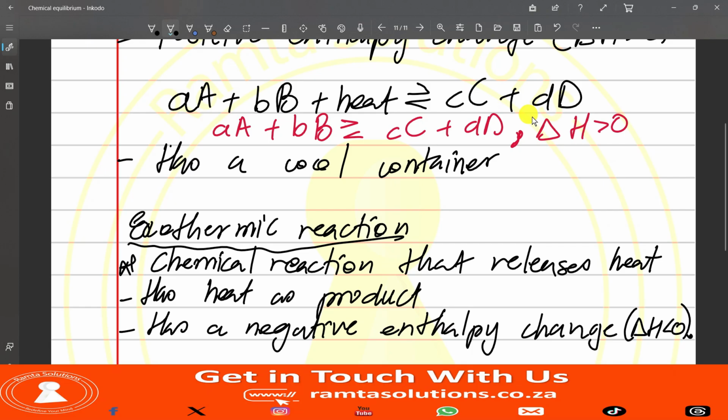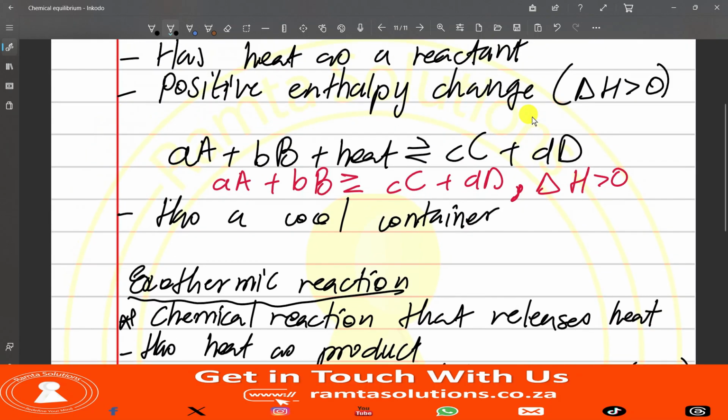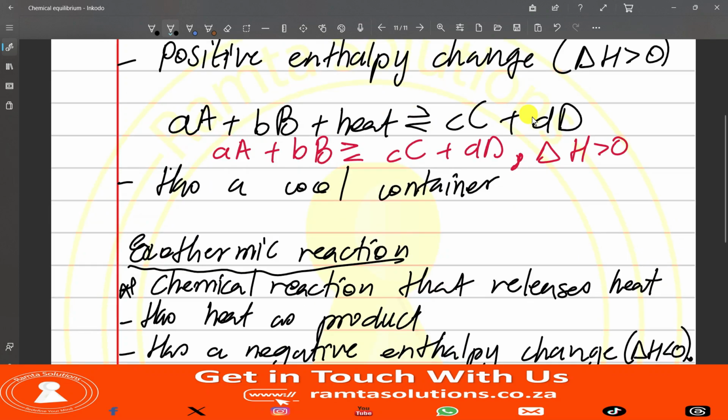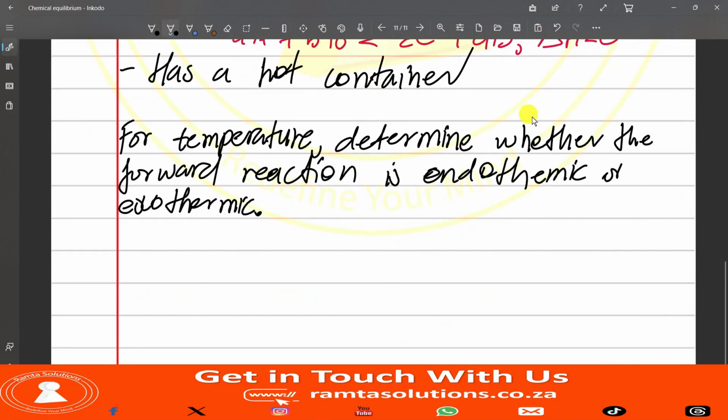If delta H is positive, the forward is endothermic and the reverse is exothermic. If it's negative, the forward is exothermic. The sign tells you what the forward reaction is, and the reverse is the opposite.